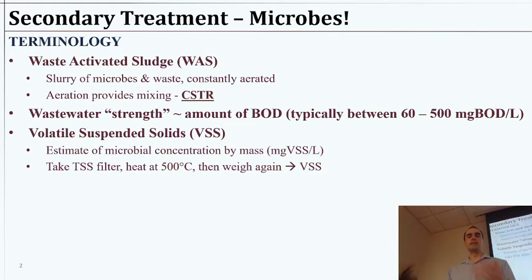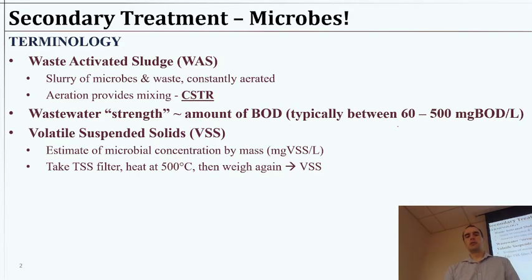All that bubbling mixes quite a bit. The wastewater strength, if you see in the industry somebody's talking about the strength of wastewater, really what we're referring to is that amount of food in it, the BOD, which is typically going to be between 60 and 500 milligrams of BOD per liter. That's sort of a general range.